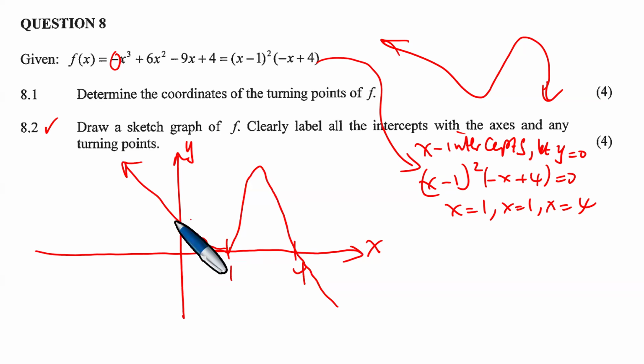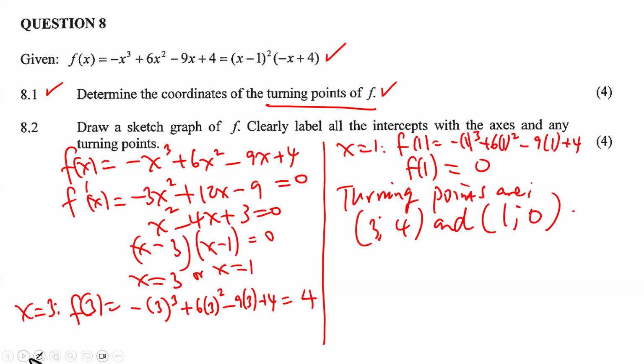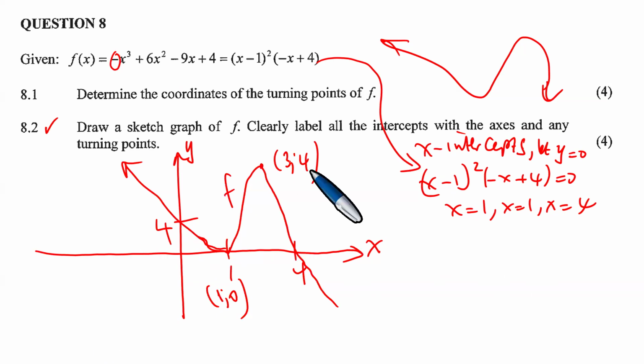So you have this F, which is exactly 3 and 4. There's another turning point with the coordinates 1 and 0. Remember, we got the turning point coordinates 1 and 0, and the other one with 3 and 4 coordinates. And we've put the 3 and 4 coordinates, and this is the graph F.